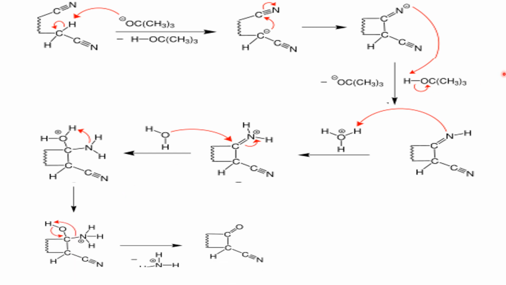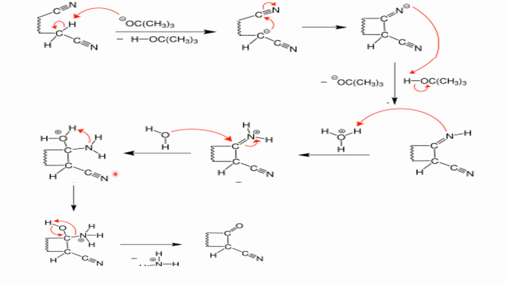Now see here. What happens? NH2 will be eliminated by abstracting H plus ion. So NH3 will be eliminated. See the lone pair of nitrogen takes hydrogen from the water molecule having a positive charge here.